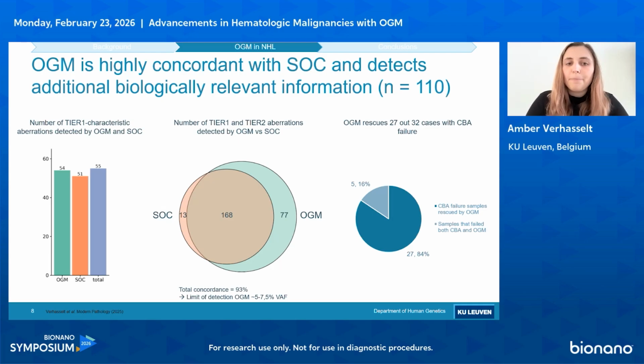We also included 32 cases with CBA failure, and in 27 of these, optical genome mapping was able to successfully rescue them, and we did have informative results. But 5 cases also failed OGM, so they had a failure of both CBA and OGM. And we think this is probably due to sample-related issues rather than a technology-related issue, but we're not 100% sure.